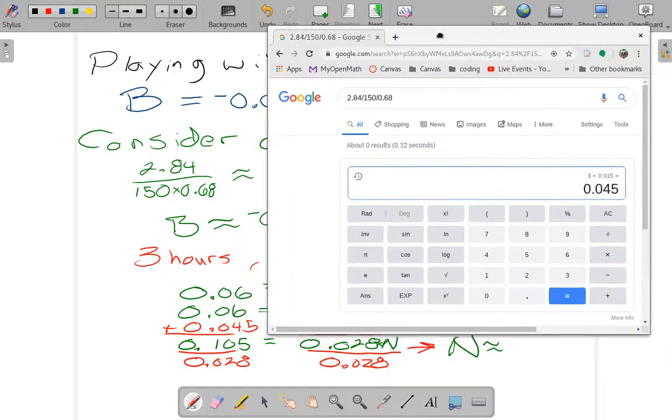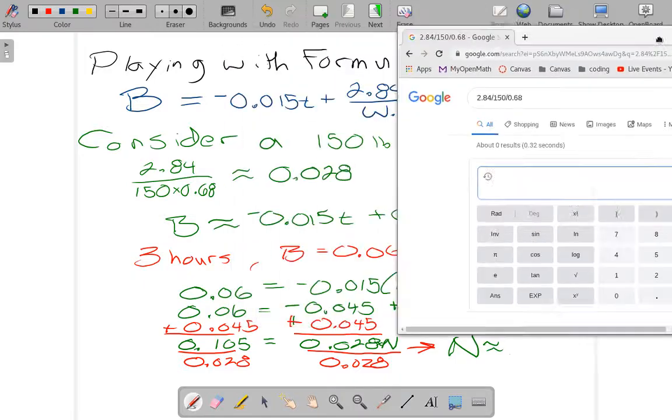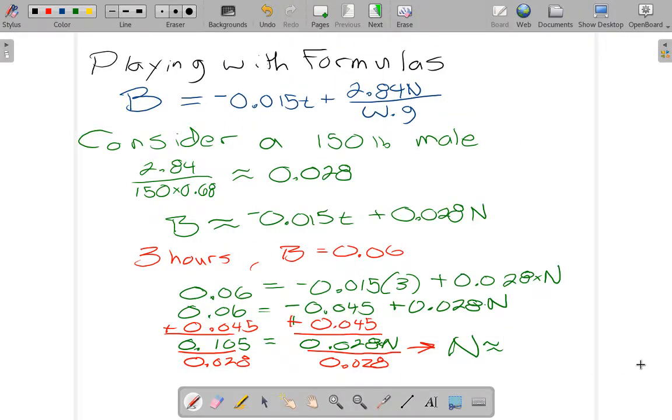And a spreadsheet wouldn't be bad here either, would it? 0.105 divided by 0.028, and my calculator says 3.75. So that means if this person had 3 drinks, they would be under that 0.06.